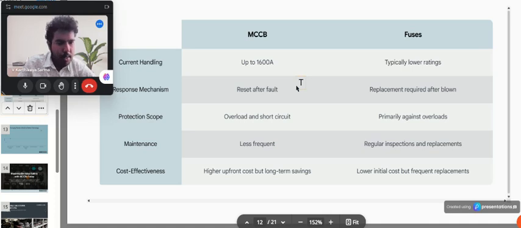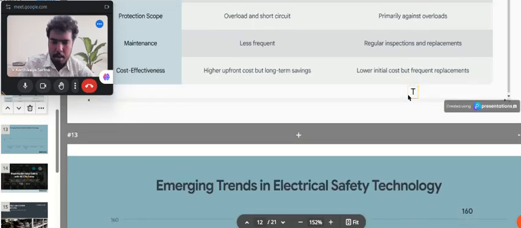Here are the differences between MCCBs and fuses: we can reset MCCBs to the original state after a fault, but fuses we need to replace after they're blown.